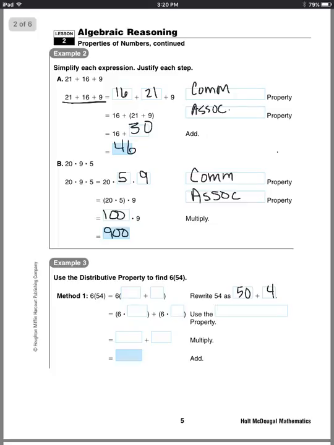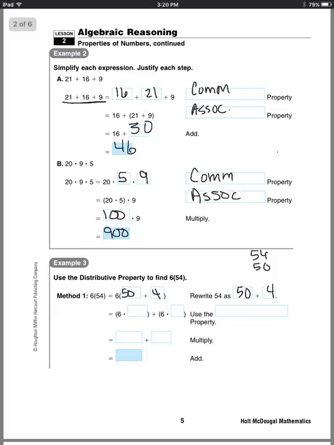So the ones is a 0, and the tens place stays the same, I get 50. But I have to know what I need to add to get back to 54, and that is 4. So we write 50 first and 4 here, because I still need to have 54 inside the parentheses or it changes the problem.